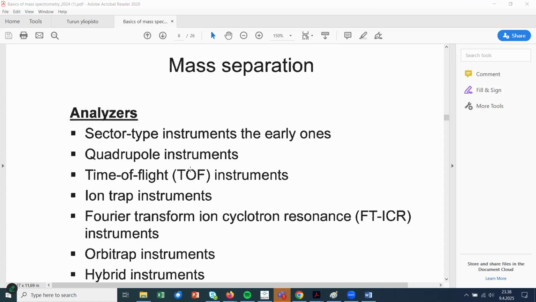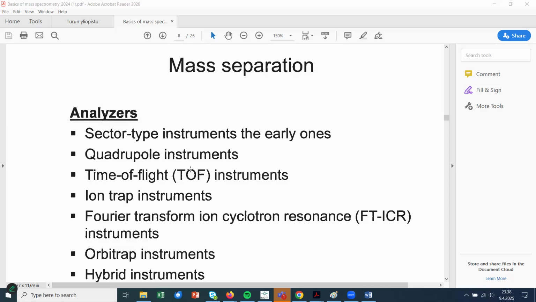Quadrupole instruments are also quite cheap. They are quite good in quantitative work, better than many others actually. And also if we are just monitoring certain ions present, quadrupoles can be very sensitive as well.